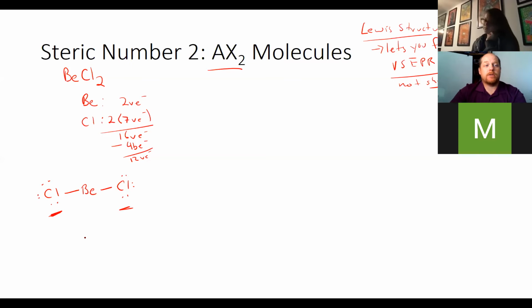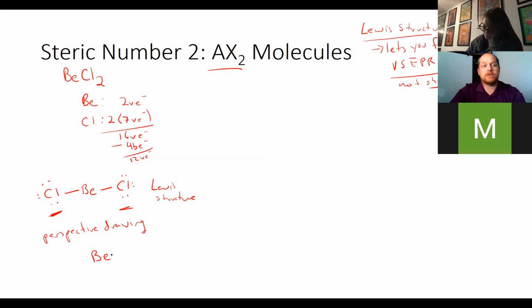So if this is the Lewis structure, if we draw out the perspective drawing, really when you have the perspective drawing, you don't actually need to draw in all of the lone pairs.